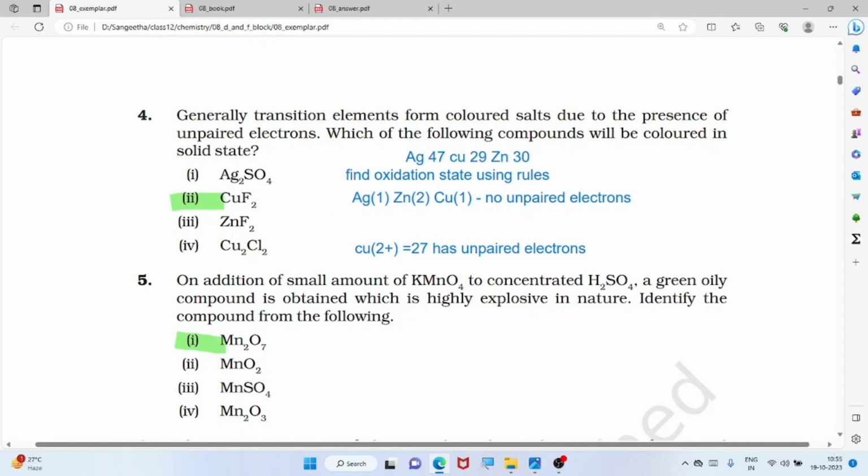In that there are no unpaired electrons in this one. Here you will have unpaired electrons, so this one is colored. Here you have to write the electronic configuration for 27. Cu is 29, 2 plus means lost 2 electrons, so 27. You write the configuration, and it has unpaired electrons. That is why it is colored. The other things don't have unpaired electrons, so they are not colored.